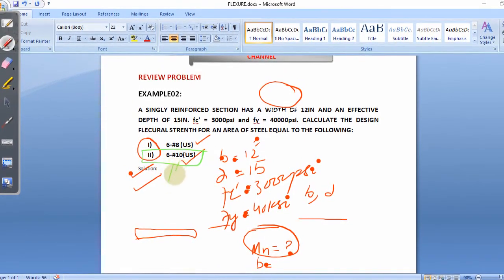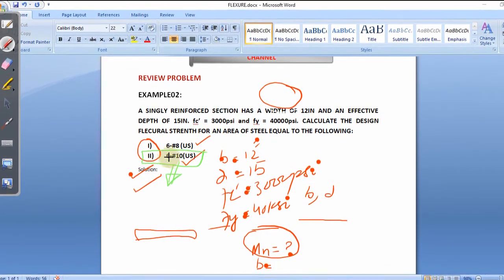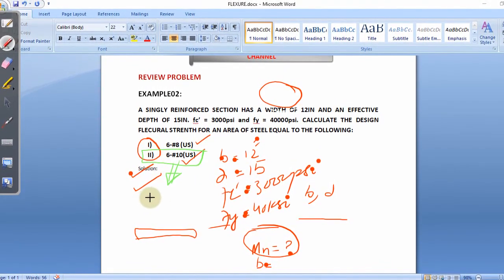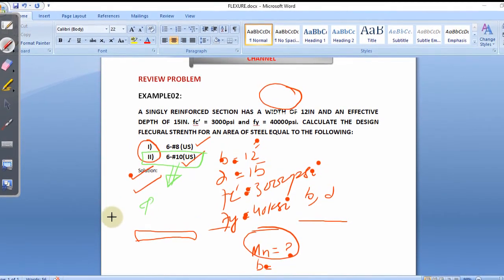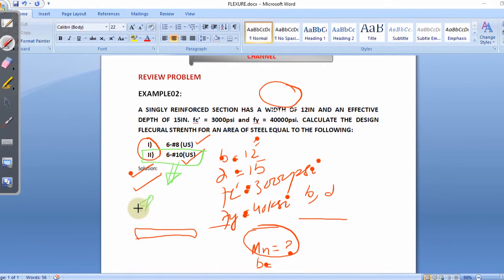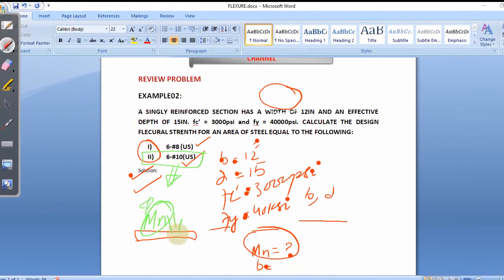So don't miss that lecture, because it is most important. In that case you will see the section goes into the compression zone, and how to find the Mn value when the section lies within the compression zone.